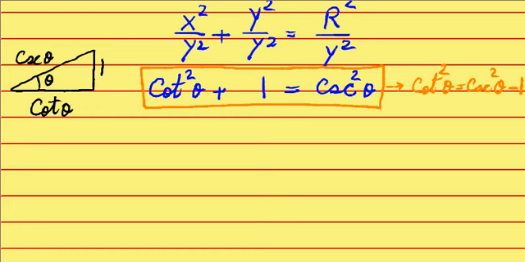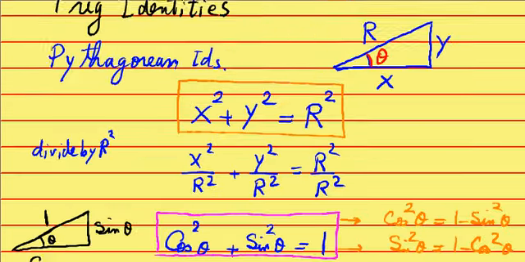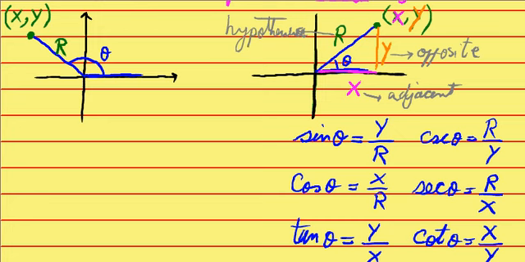Other bunch of identities are referred to as ratio identities, or sometimes reciprocal identities. Well, most famous among these is what is the relationship between tangent and sine and cosine. Let me go all the way back here. Perhaps it will be easier for you to see.